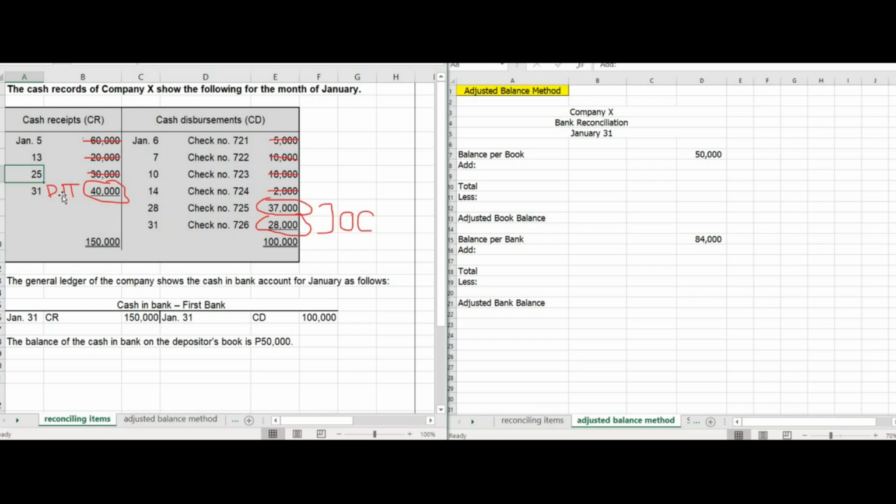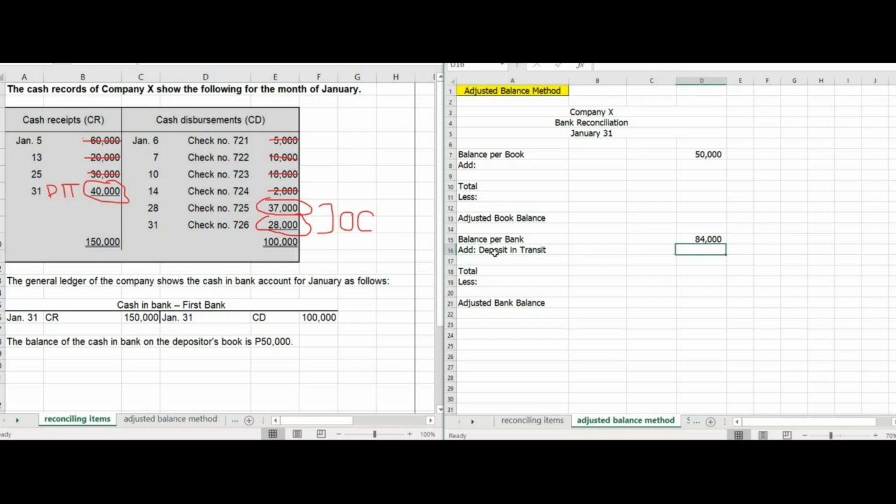So, sabi natin, meron tayong deposit in transit. No? So, yung deposit in transit, we have to add it. No? I-add natin yan kasi that is already recorded in the books. No?